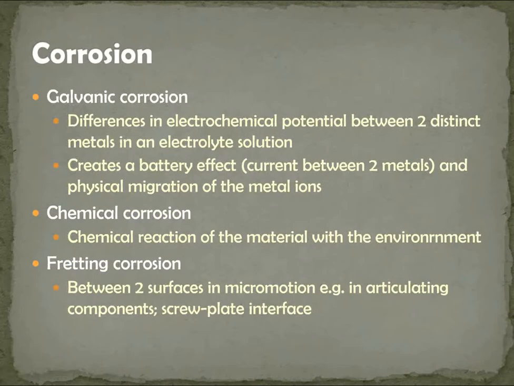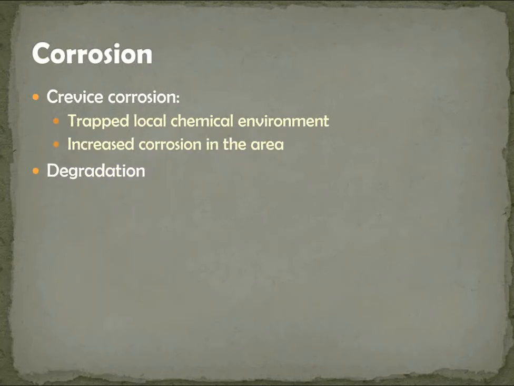Galvanic corrosion is where an electrochemical potential is produced between two different metals and therefore creates a battery effect and migration of the metal ions. Chemical corrosion is a chemical reaction with the material within the environment, and fretting occurs with micromotion between two articulating components. There's also crevice corrosion and degradation.